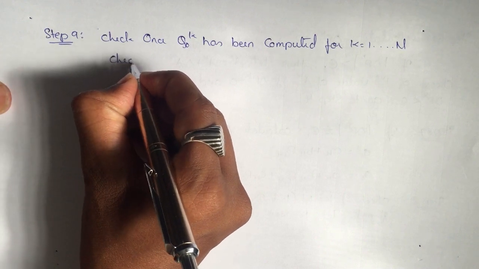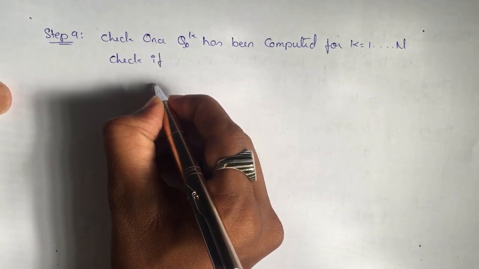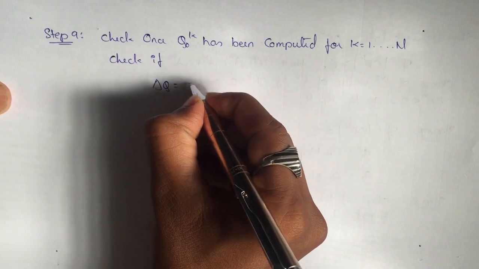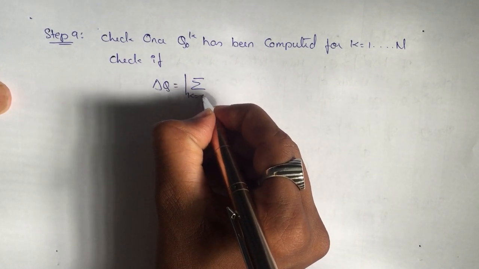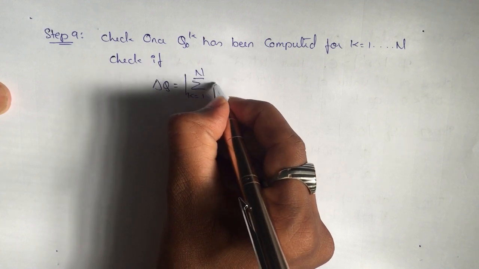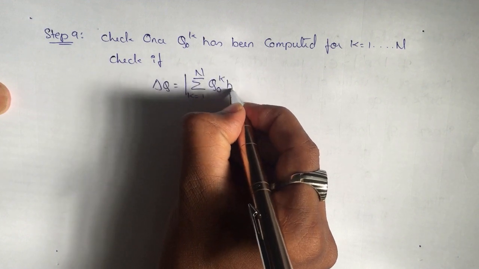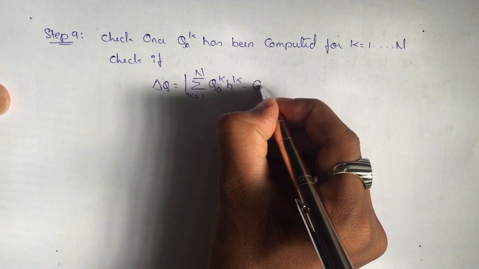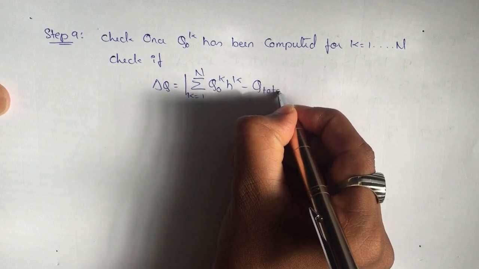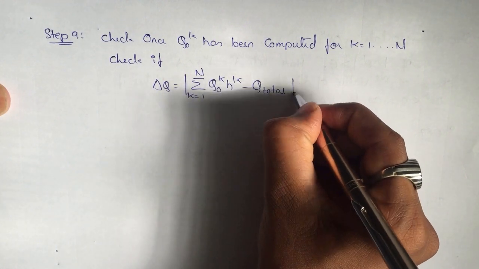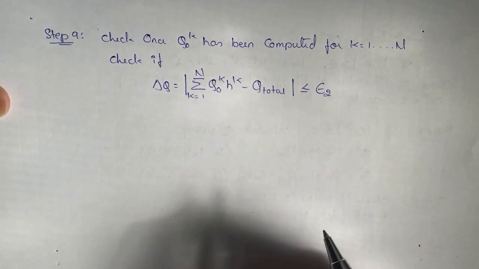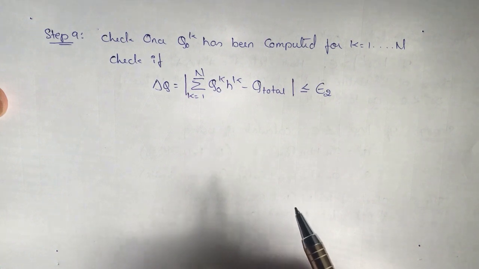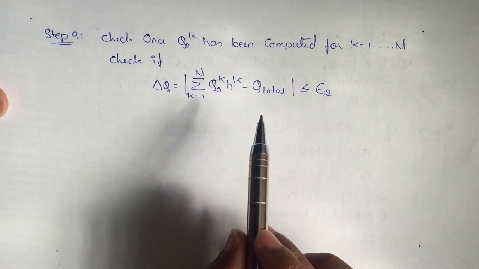And we'll check if delta Q is equal to magnitude of summation of k is equal to 1 to capital N Q naught k minus Q total is less than or equal to epsilon 2. Okay, epsilon 2 is the tolerance value for Q naught.